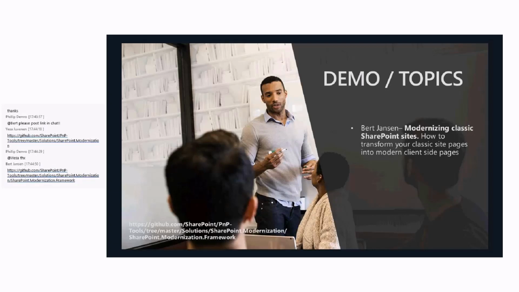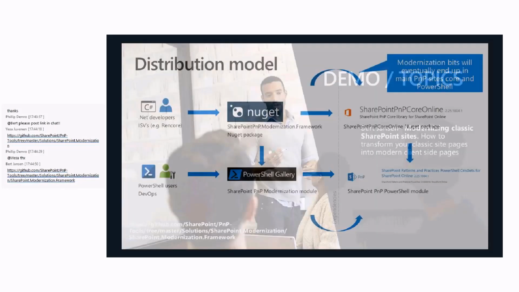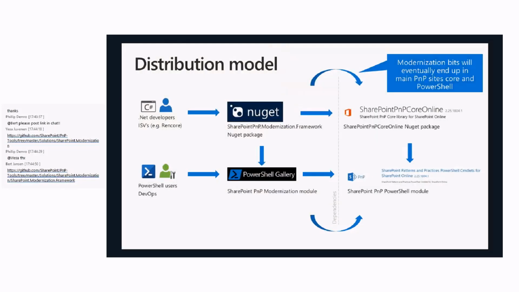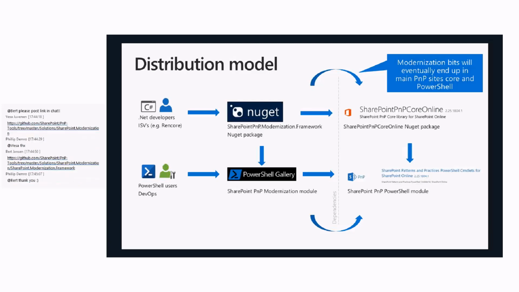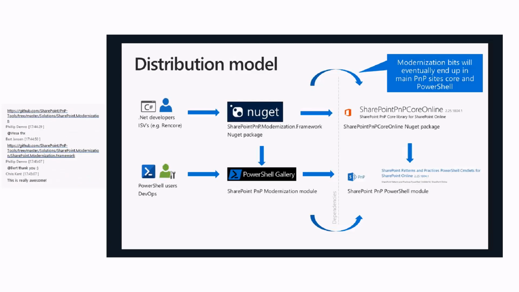And feel free to reuse it already. If you would like to build a product that does page migration, just reuse what is there to reuse. We'll further improve it, but it is an open source component that can be used for page transformation, for your custom project, for your commercial purposes, whatever you want to do with it.